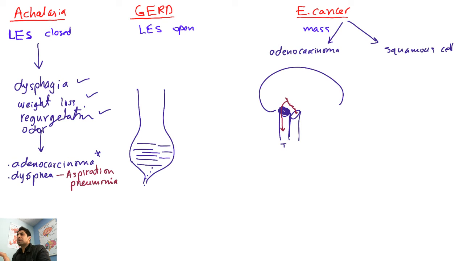Because airways are not designed for food, they're designed for what? Only air. Okay. When you have food, it can cause obstruction. It can cause severe dyspnea, so dyspnea is the first symptom. Asthmatic-like symptoms are the first symptoms. Maybe it will lead to aspiration pneumonia, but in achalasia, look for asthmatic attack or choking at night. It will wake you up. Look for those things.